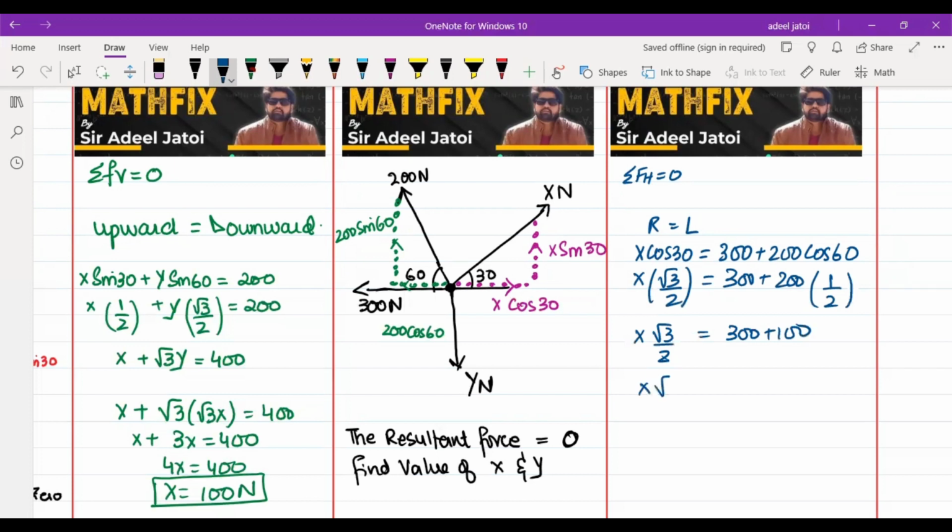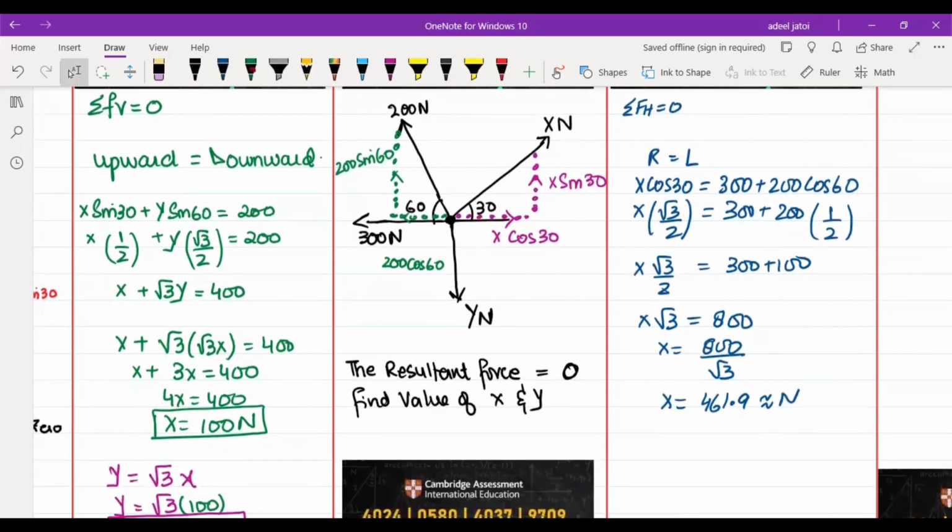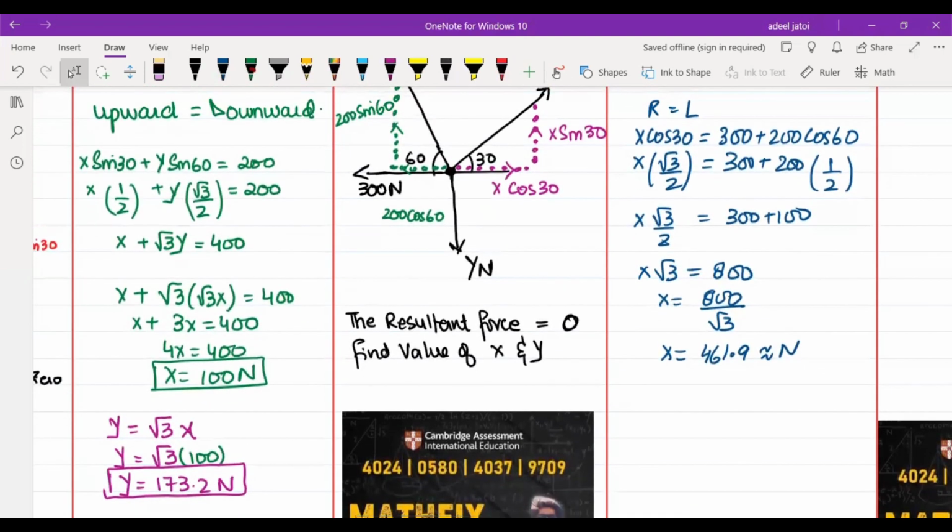So x under root 3 is equal to 400 multiplied by 2, which becomes 800. So x is equal to 800 upon under root 3. Your x becomes 461.9 Newton, which obviously you can take as 462.